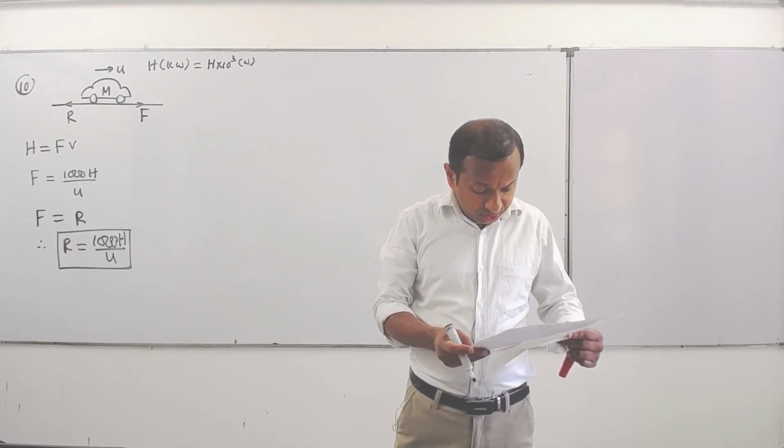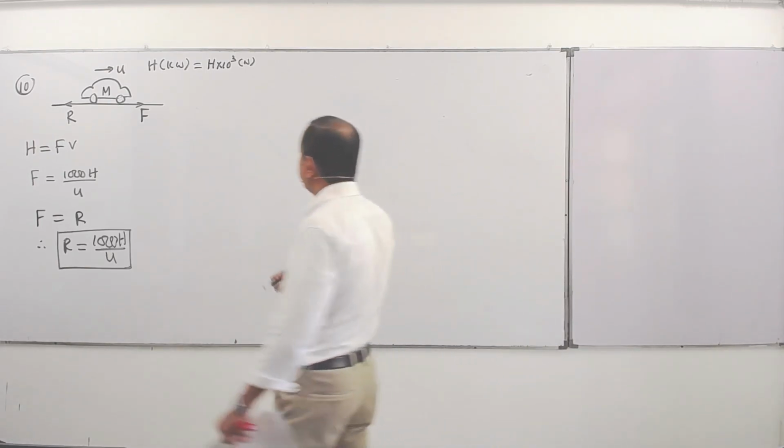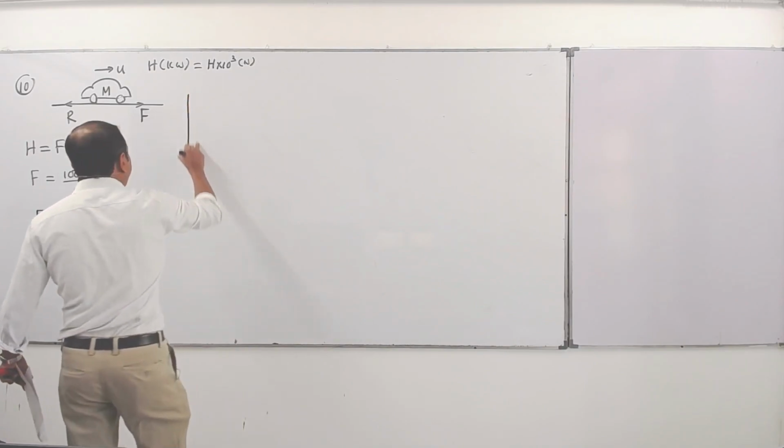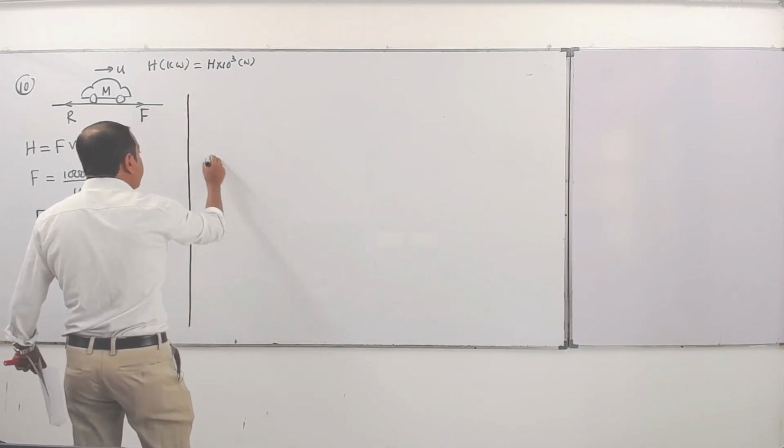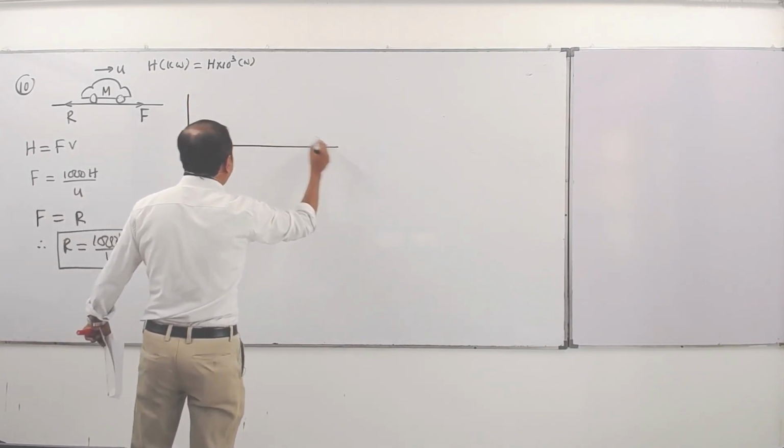When the engine works at the same power, the maximum velocity up along a path of inclination theta to the horizontal is v. Now the car moves with power up a hill whose inclination to the horizontal is theta.